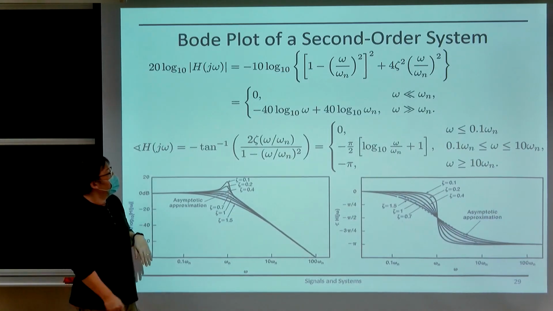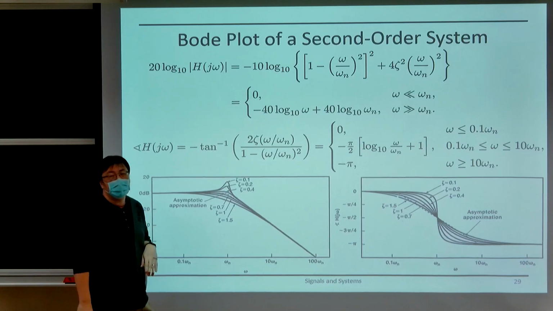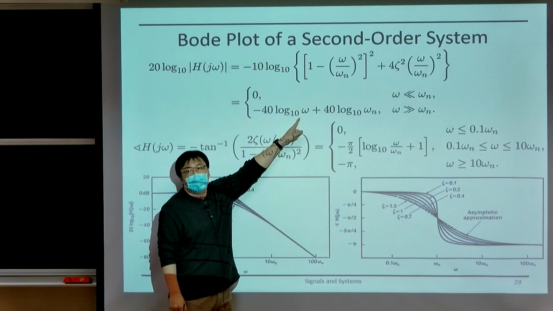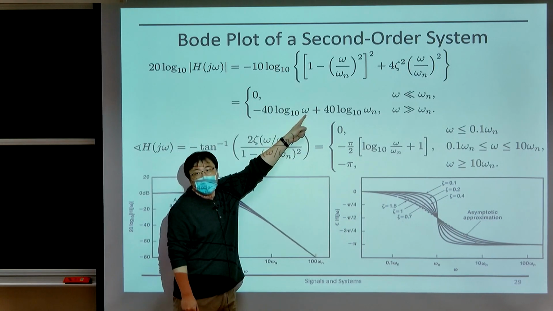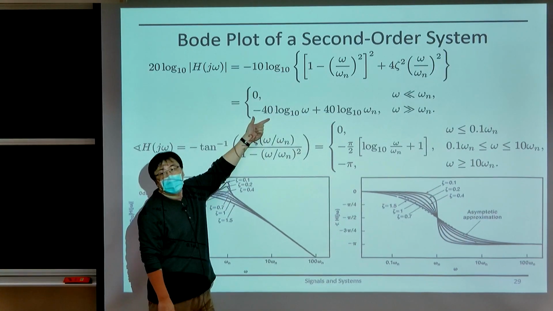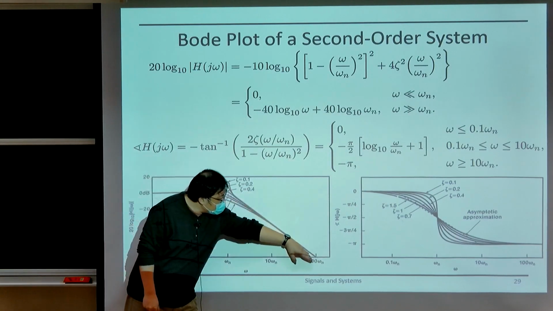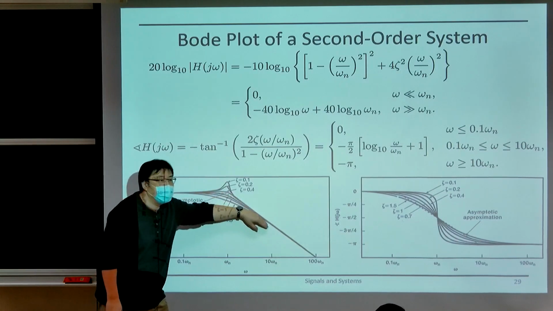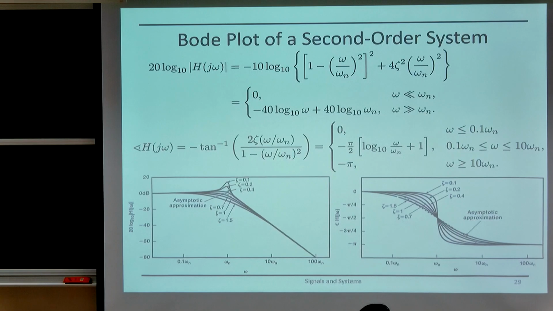This gives us a linear equation with respect to the logarithmic scale of omega. For every decade increase in the frequency, the gain decreases by 40 dB. So at high frequency, we have a 40 dB per decade line, instead of the 20 dB per decade line for the first order system.